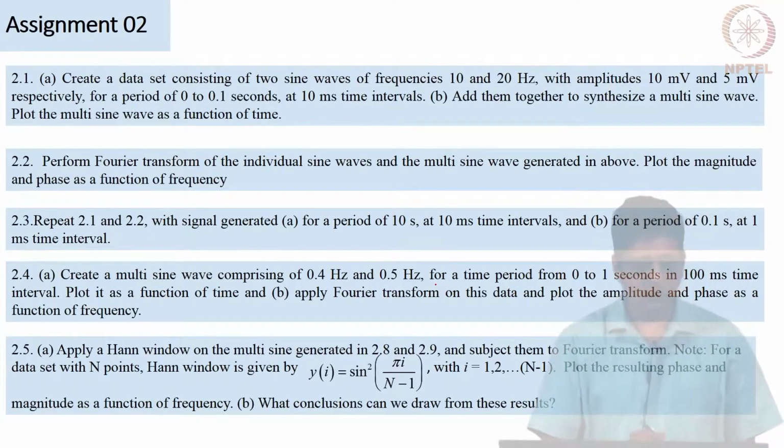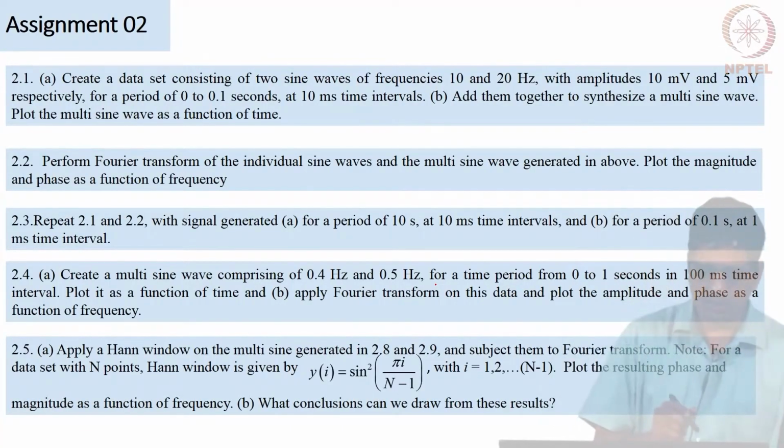In the next part, we have to create a multi-sine wave, again comprising two sine waves at a particular time interval, but the combined wave will not be a complete wave, in the sense it will not have an integer number of waves for the first wave and the second wave together.